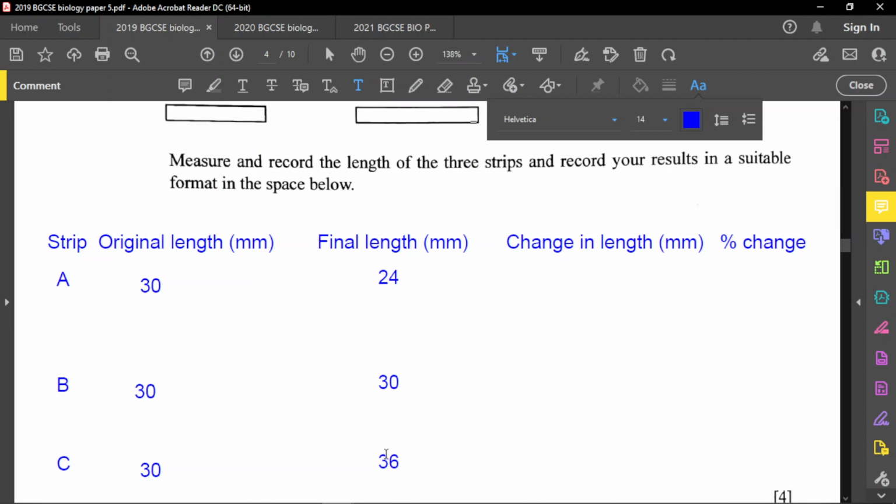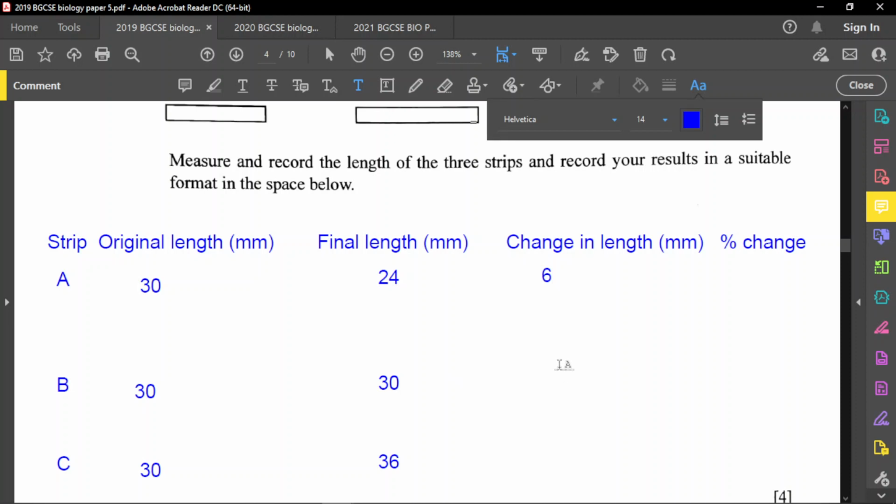The change in length is the difference in the length. The difference between 24 and 30 is 6. You can also put -6, not a problem, because a minus tells you it's a decrease in length. But as a change, it's just going to be 6 for me, 24 minus 30.